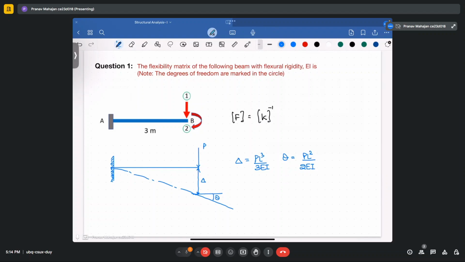Okay. So for unit load, P is equal to 1. So your F11 will then become, so F is equal to P upon delta.